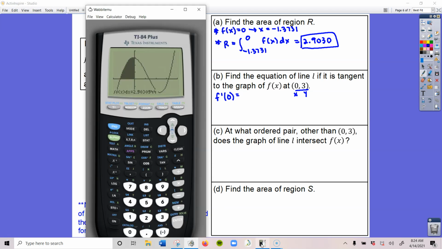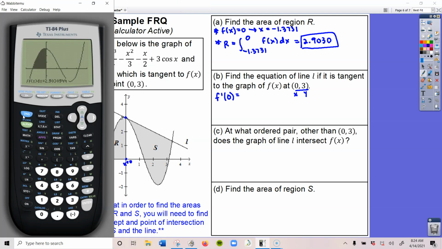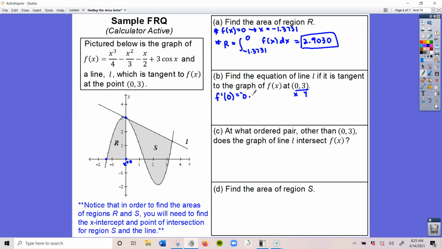So again, I'm going to come here to the calculator. I'm going to go to my second calc menu, and I go to option 6 for the derivative. And I'm going to input my x value, which is 0. And I get here that dy dx is -0.499999, etc., which you can also say is -0.5 or -1/2, or you can just use this value altogether, -0.4999.